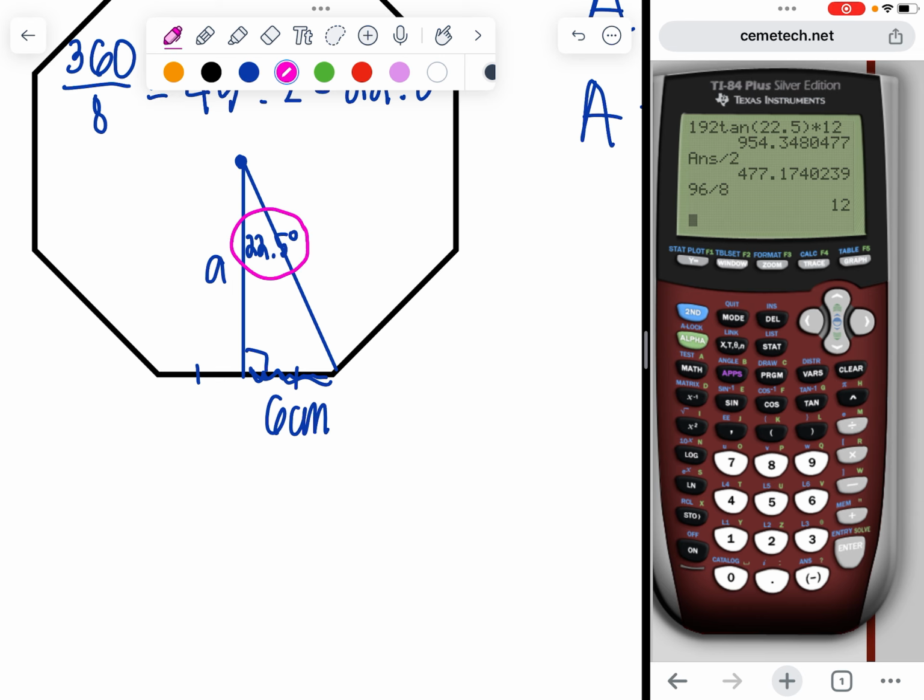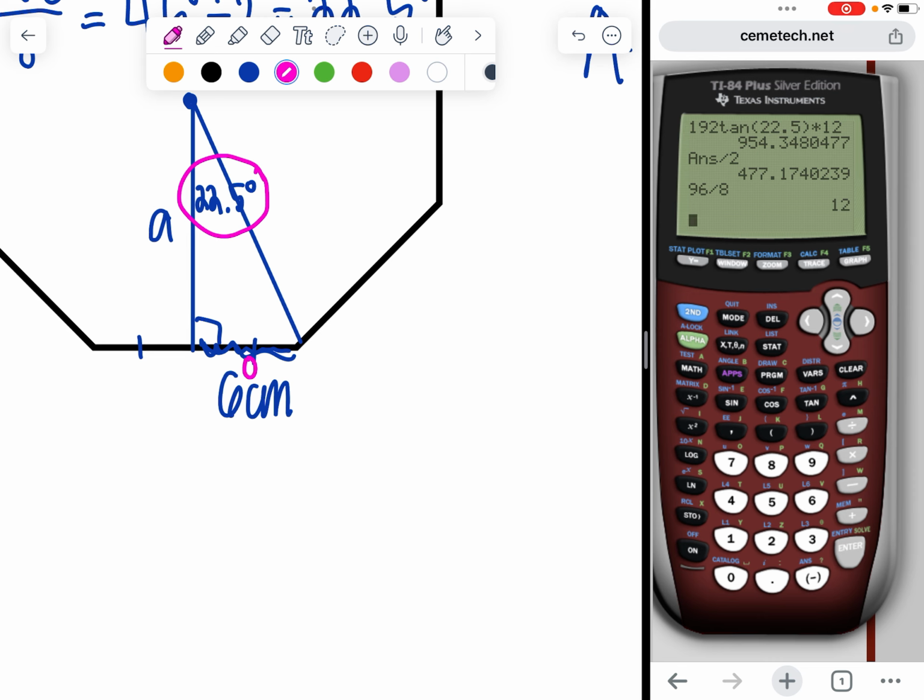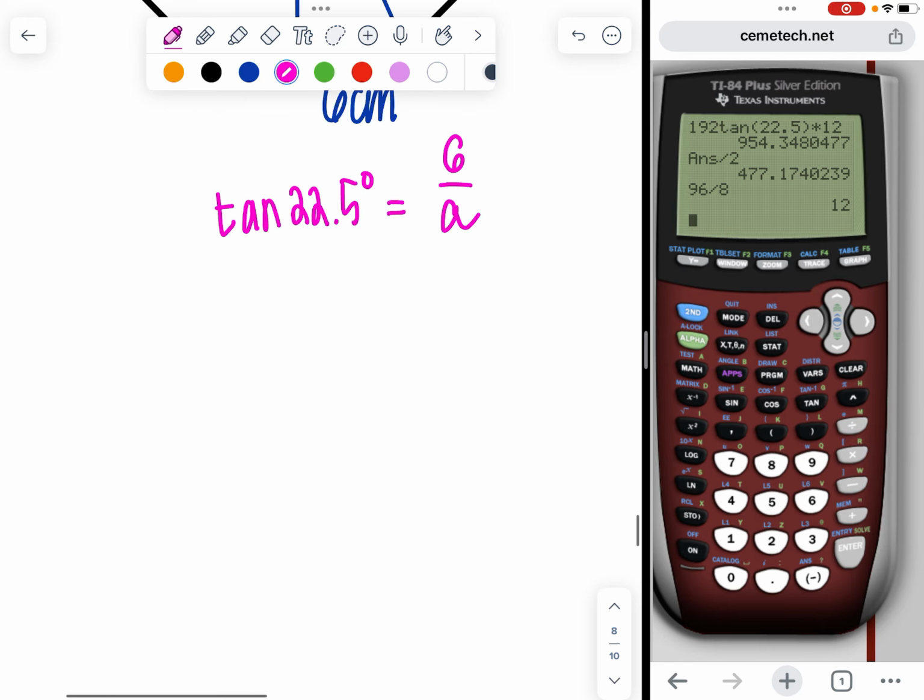So here's my angle. This is opposite and this is adjacent. So we have tangent of 22.5 degrees is equal to opposite, which is 6, over adjacent, which I called A for apothem. Put this over 1, cross multiply.